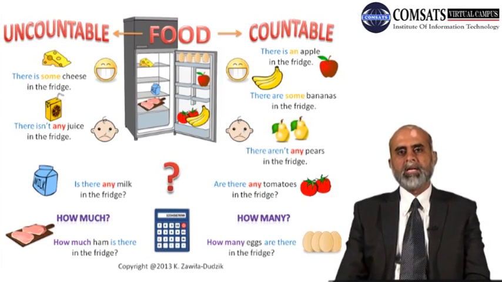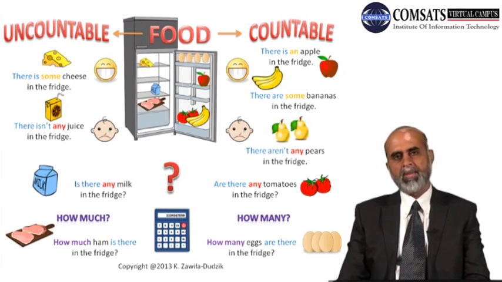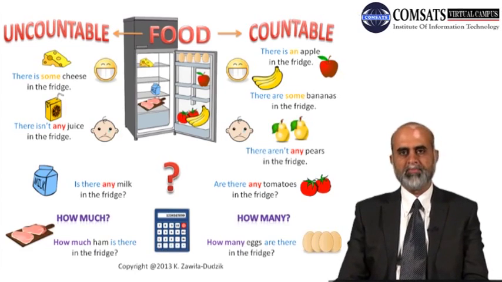So the rule is that we use a or an before singular countable nouns, and we use some before countable or uncountable nouns when they are plural. So we can say some cheese, some bananas, some apples, some milk. So some can be used either before uncountable or before countable nouns when plural.